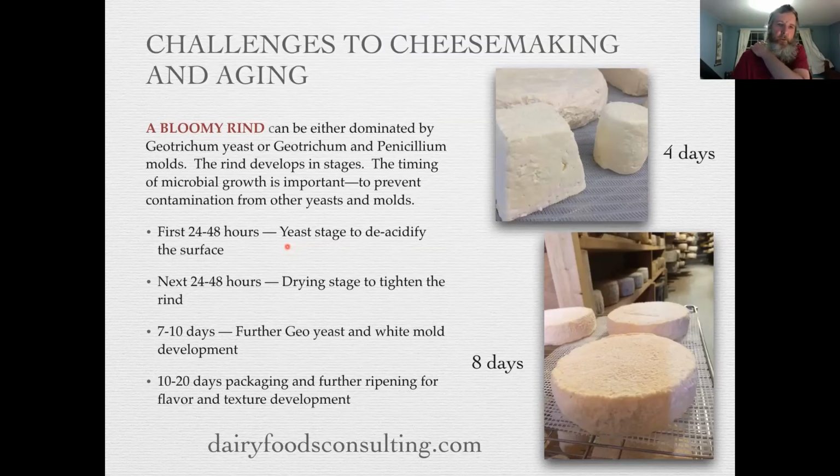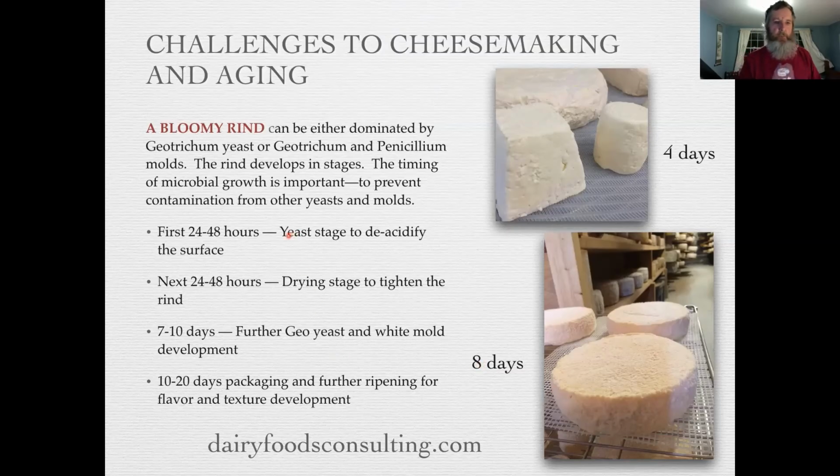It's very important to get these things to happen at the right time. These are some cheeses that I made that have completely natural bloomy rind. I didn't use any special cultures. I'm waiting in the make room until I see some good yeast growth, and then moving them to the cooler aging room with high humidity to get that natural yeast and Geotrichum candidum to grow in by 8 days.